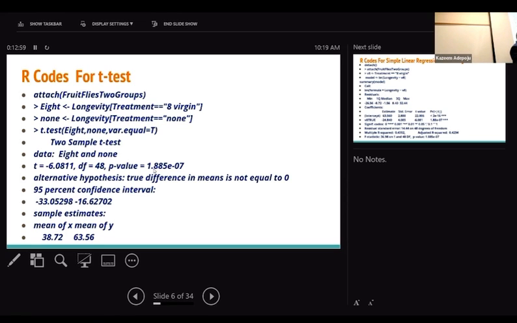The only situation where there is not going to be any difference at all is when you have from negative to positive. But now it's from negative to negative, which means this is in accordance with the p-value. Take a look at that. And of course, you can really see the 2 means that we're comparing. Of course, 38.72 is far from 63.56, which shows this result is actually right.